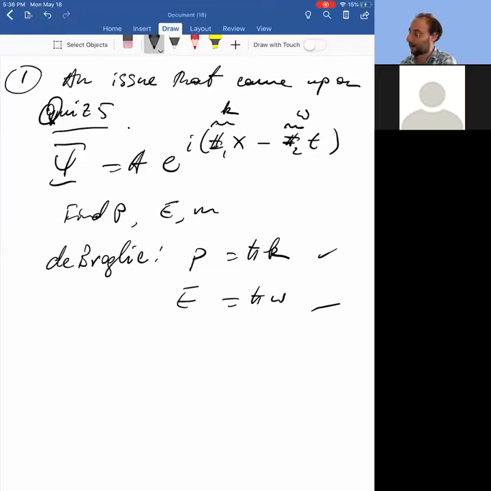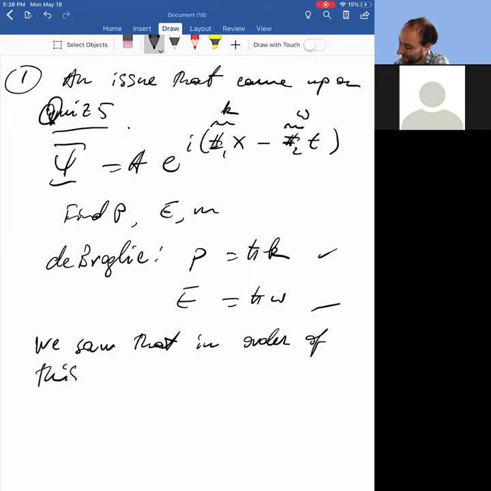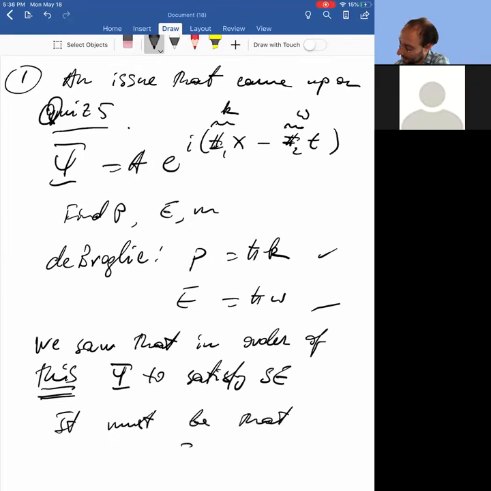And then we found that in order for this wave function to satisfy Schrödinger's equation, a free particle Schrödinger's equation, it must be that E equals P squared over 2M.